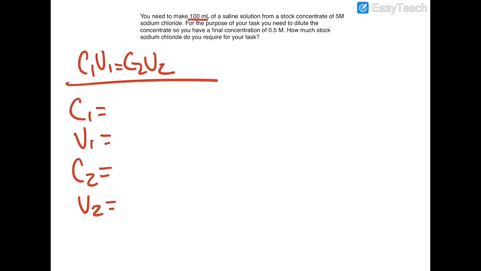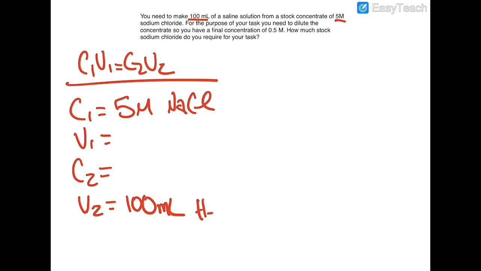So our 100 milliliters of saline is our final volume, so I'm going to put it right here. And then 5 molar is from stock concentrate, so that's the solution we're diluting, so that's technically our initial concentration, 5 molar of sodium chloride.